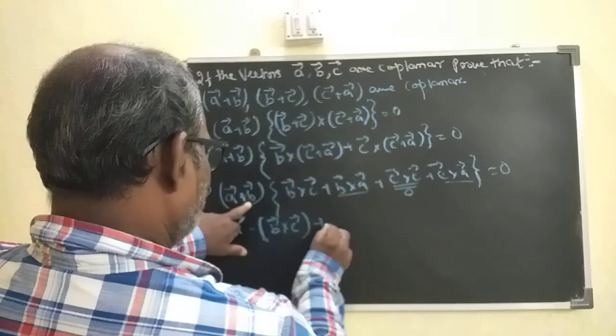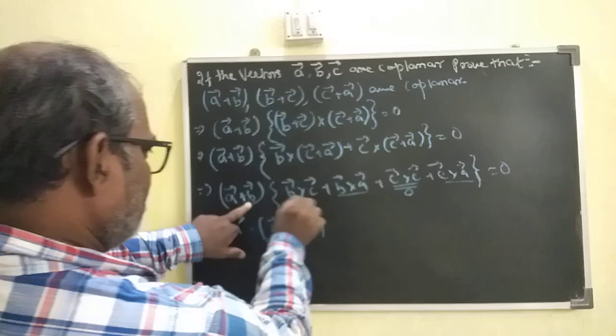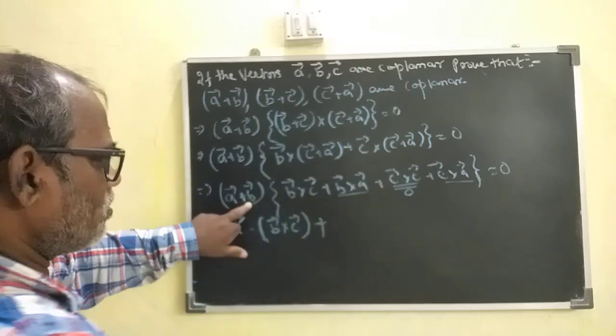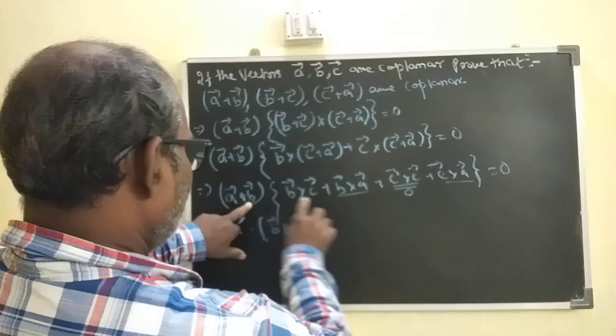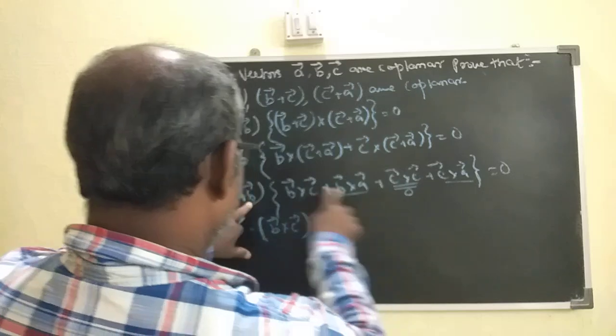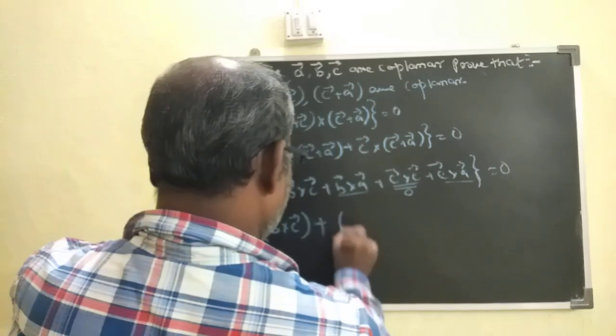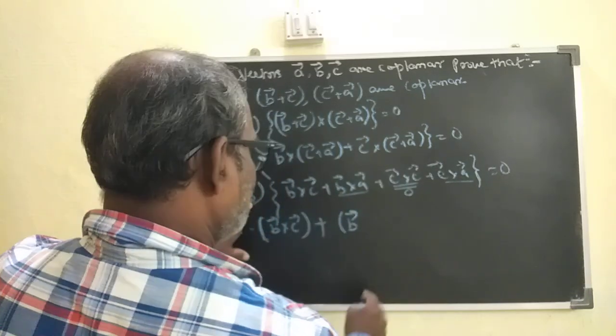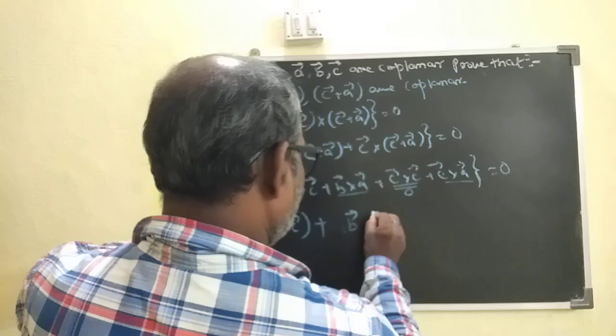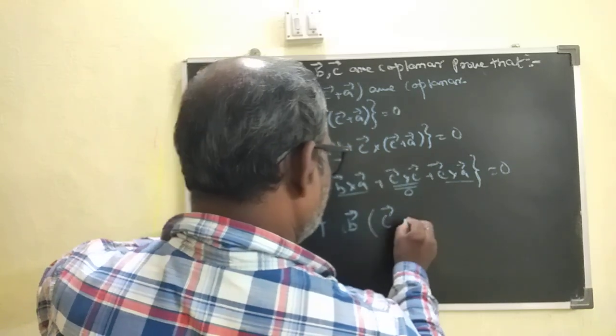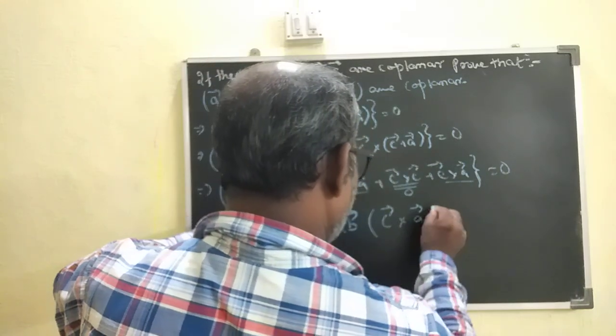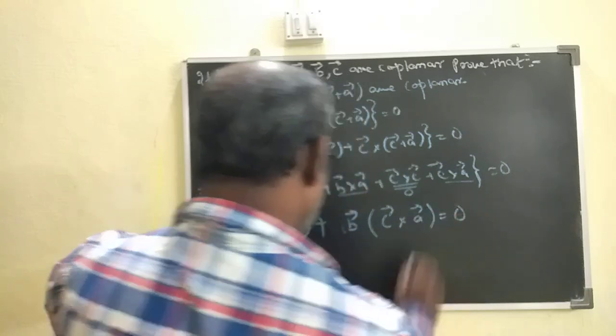Now let us go with B dot this, which is also 0, B with this is also 0, then we get here plus B vector C vector cross A vector equals 0.